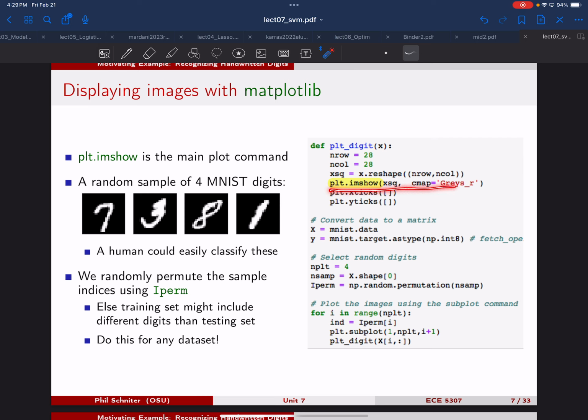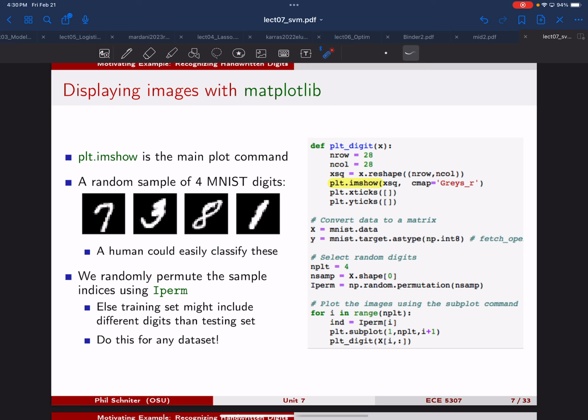It plots it, and here we have to tell it what colors we want to assign to the different real numbers, and this is using the grayscale color map, which is what we want to get images that look like this. Then we're removing the ticks. If you didn't do that, you'd see little ticks on the X and Y axes. So that's the little plotting command that we made here.